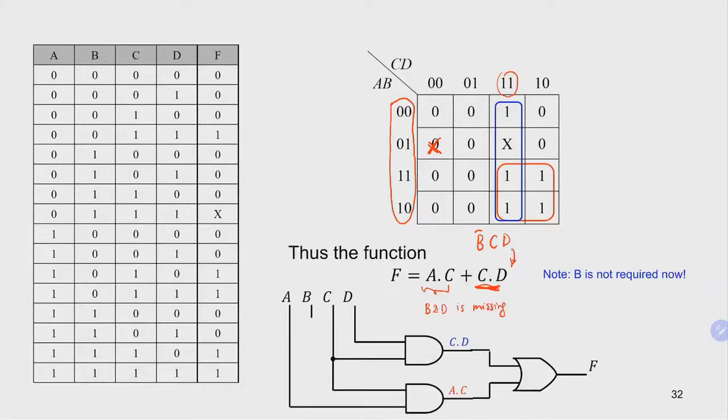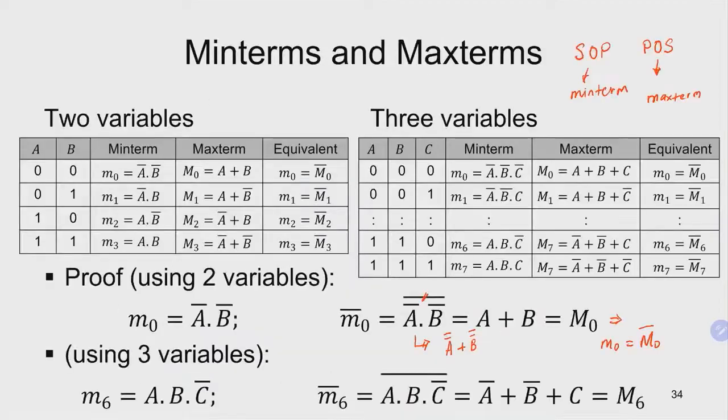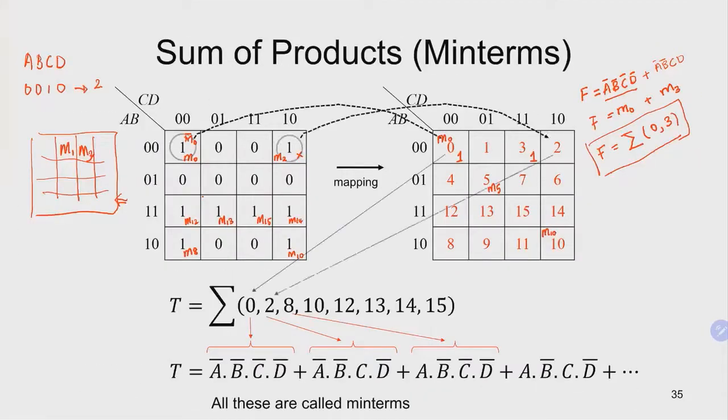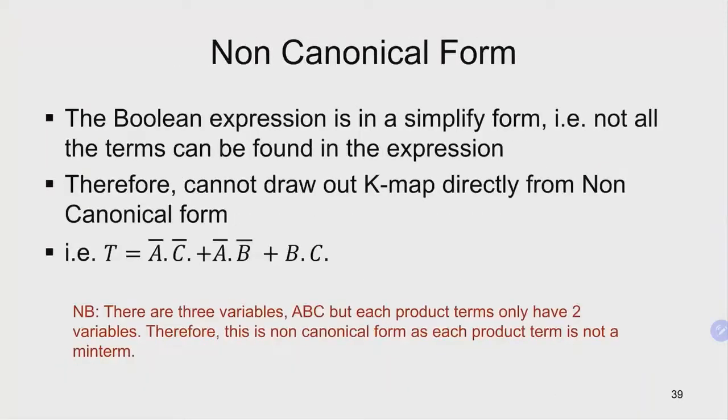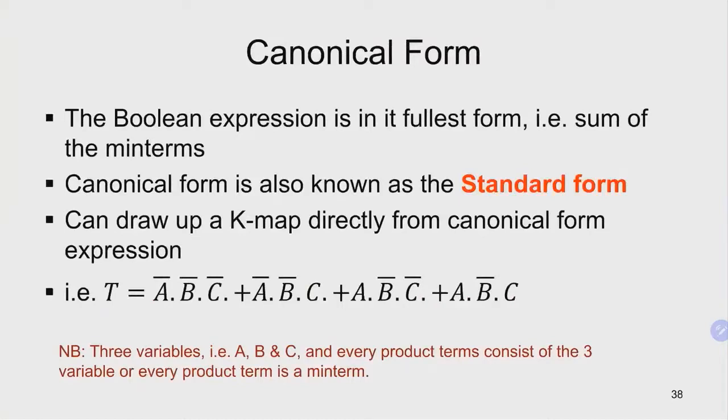This is what we call the minimized form of the function. This just illustrates the terminology of canonical or standard form. If you were told to express your Boolean expressions in canonical form, each product term must have all the variables.